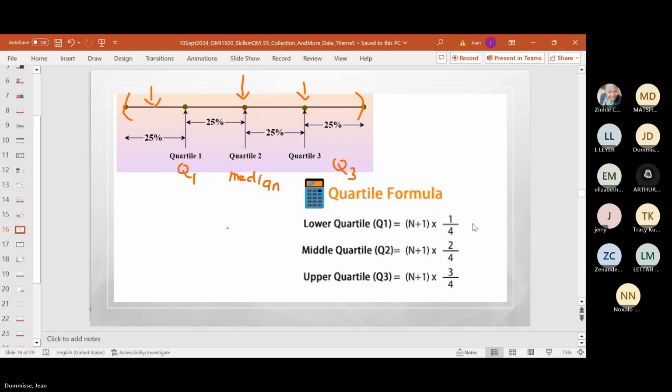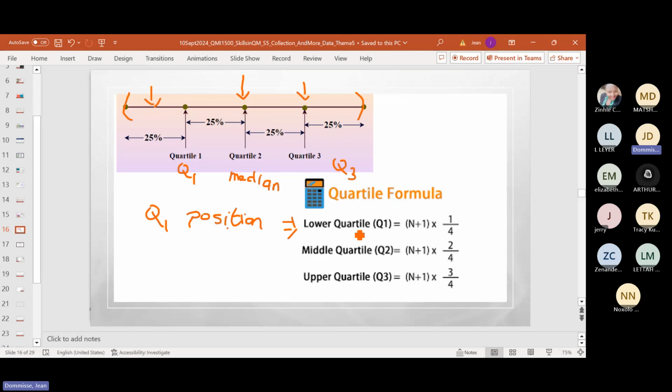And then what we have for each of them is this formula to work out what is the position of that data point. So what is the Q1 position?